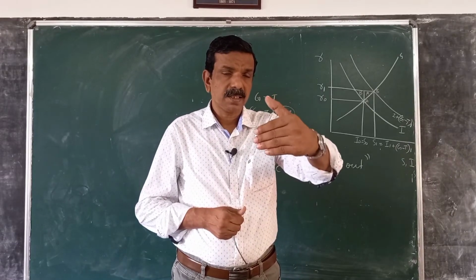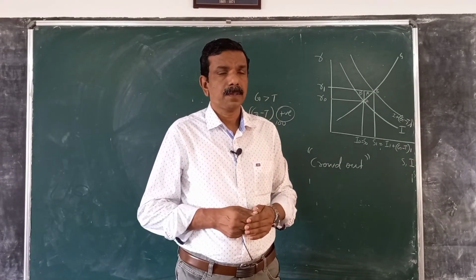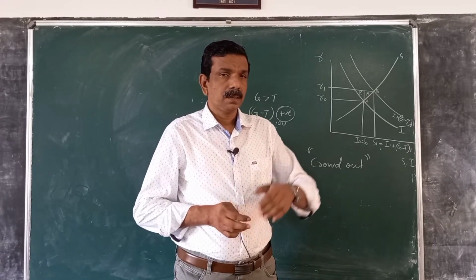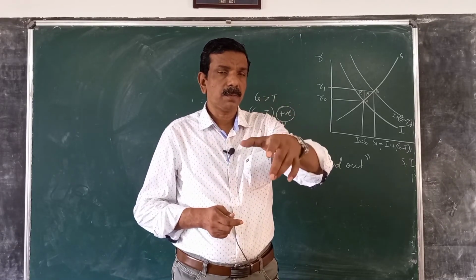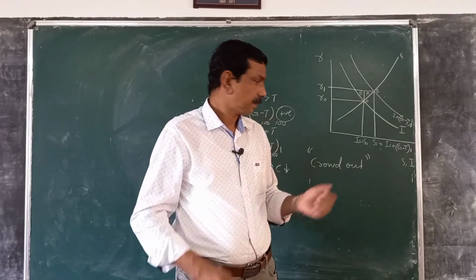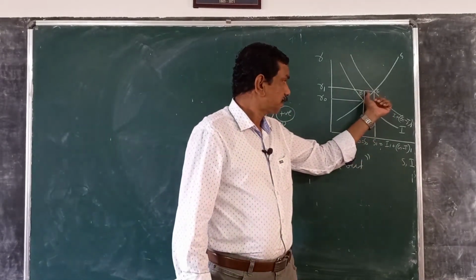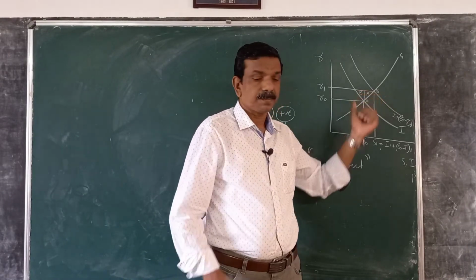Government expenditure financed by selling bonds to the public crowds out an equal amount of private expenditure, equal to consumption expenditure plus investment expenditure.